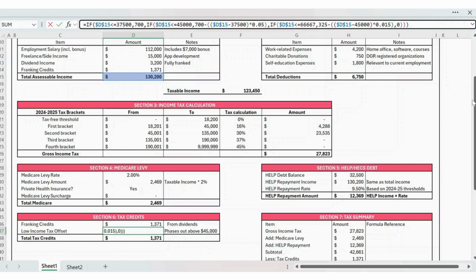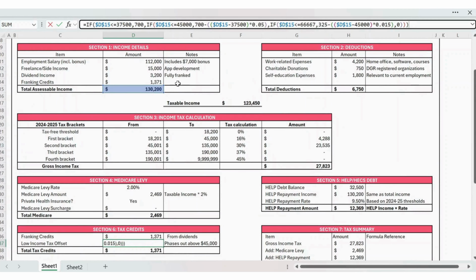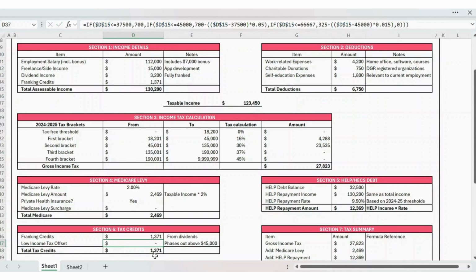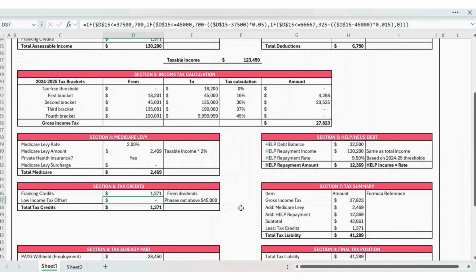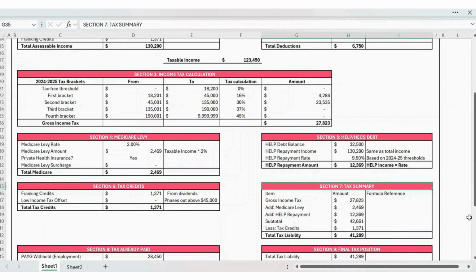It phases out between $45,000 and $66,667. Alex's taxable income is $123,450, which is well above the threshold, so he gets $0 from this offset. His total tax credits are therefore just the $1,371.